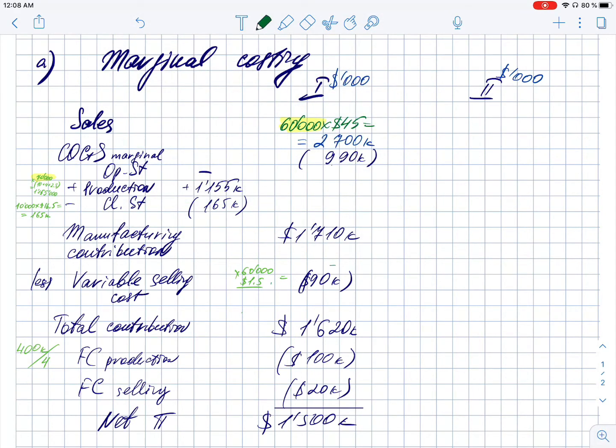This is 90,000 units, which should be multiplied by the selling price of 45, and the total sales would be $4,050,000. So here we would have 4,050,000 as sales.